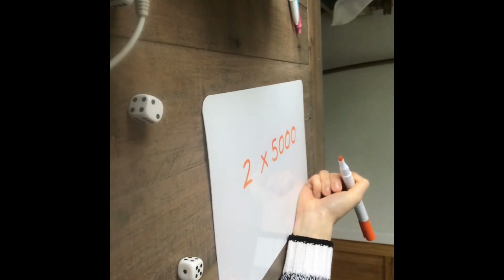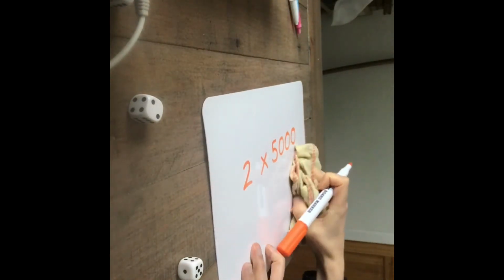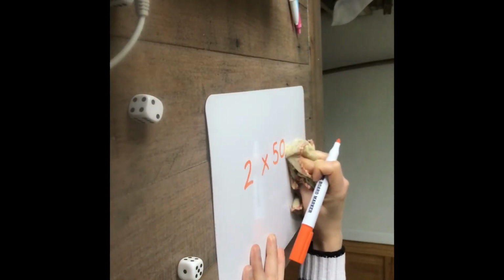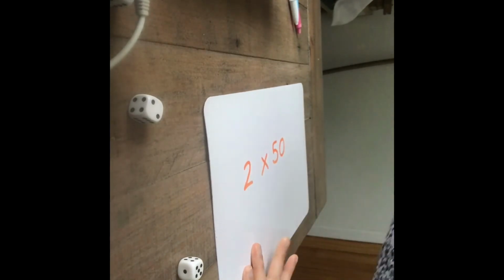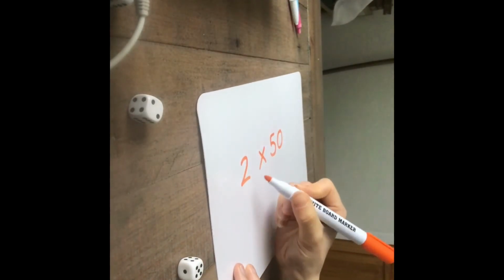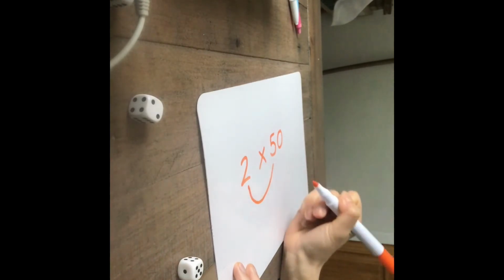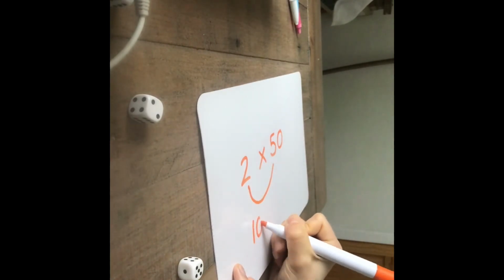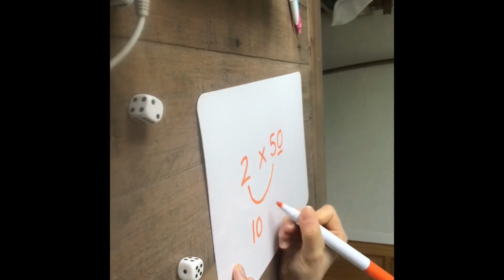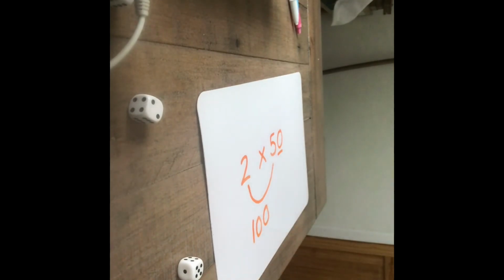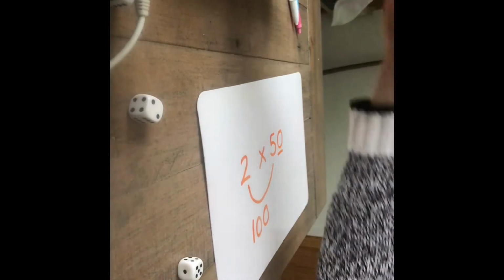Totally up to you which one you want to work on. Now I'm just going to keep it as 50. Many of you might know the answer to this without even doing this, but let's just show you. So 2 times 5 we know is 10. How many zeros have I got? 1. There's my answer.